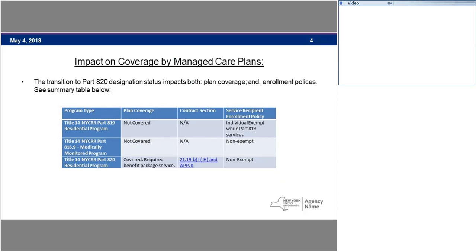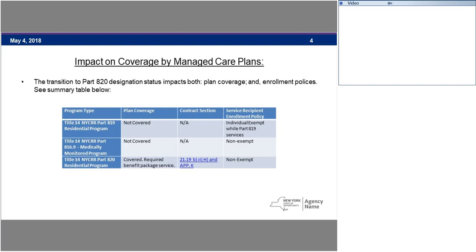Previously, the OASAS 819 programs were not included in the Medicaid managed care benefit package, and individuals receiving services in those program types were exempt from enrollment in Medicaid managed care. Also, for the medically monitored programs, the service was not included in the Medicaid managed care benefit package.